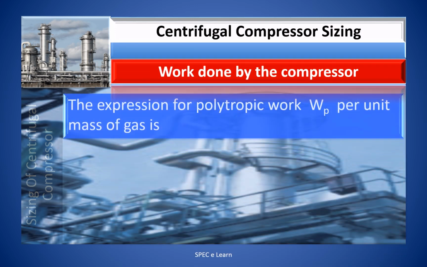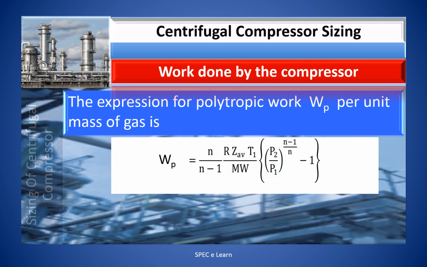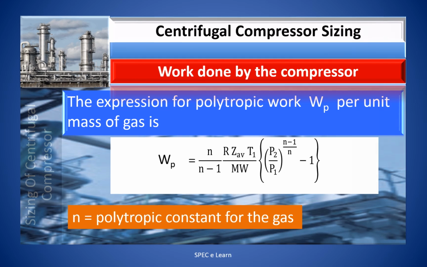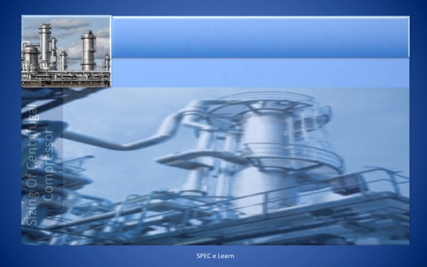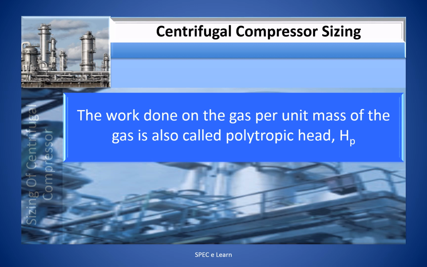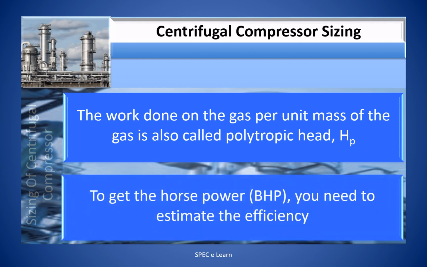The expression for polytropic work WP per unit mass of gas is given here. The work done on the gas per unit mass of gas is also called polytropic head HP. From polytropic head, you can proceed to estimate the horsepower required for the compressor. To do that, we need the estimated value of polytropic efficiency.